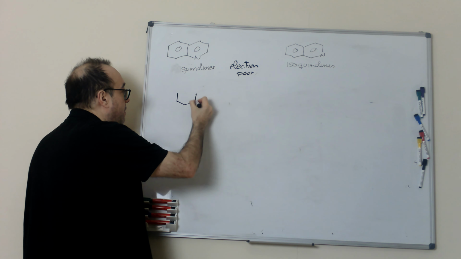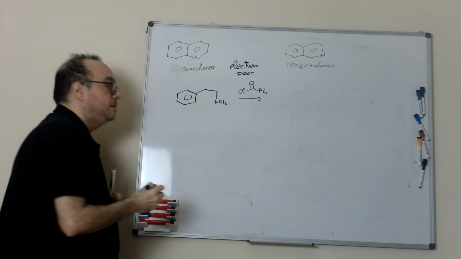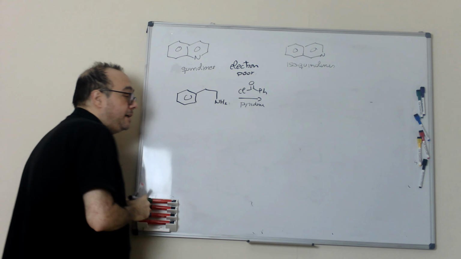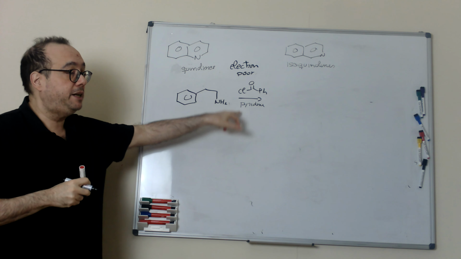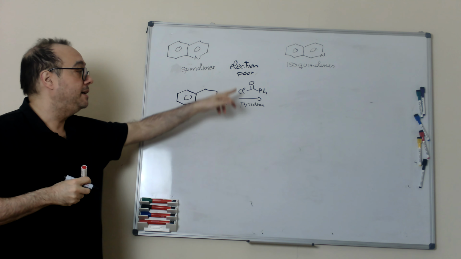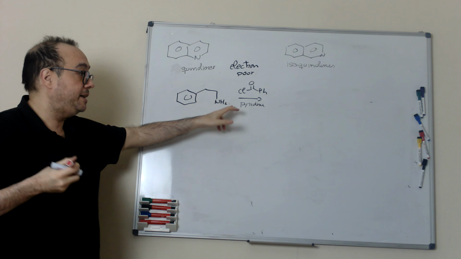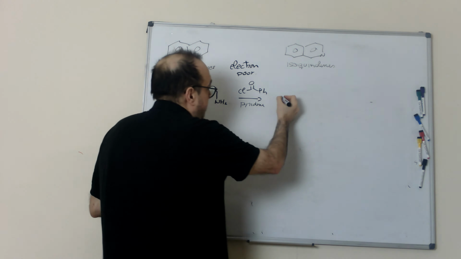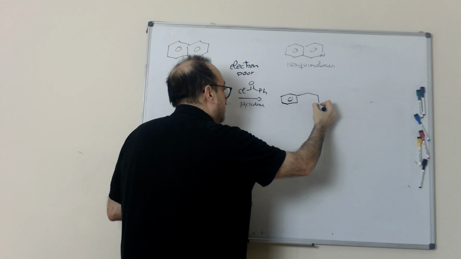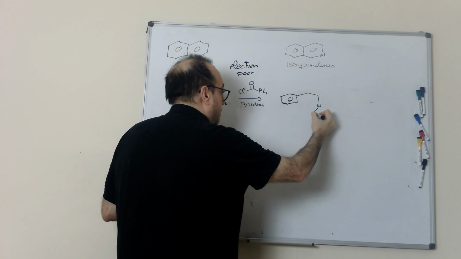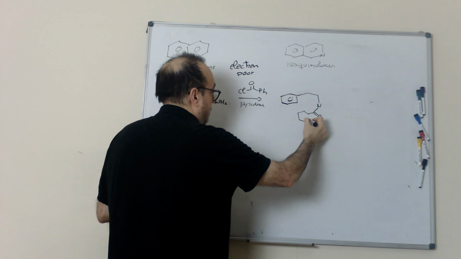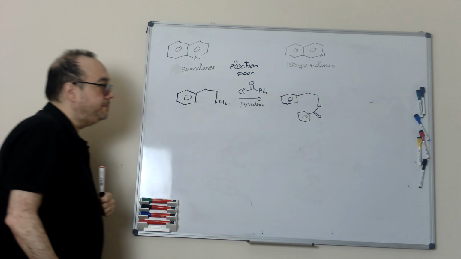There are a lot of methods. Please follow what Bruno explained to form amides. But basically, we can use an acid chloride with pyridine. We can use an acid and a coupling reagent like EDC or EDI. If we do this, what we get is this compound. Okay?